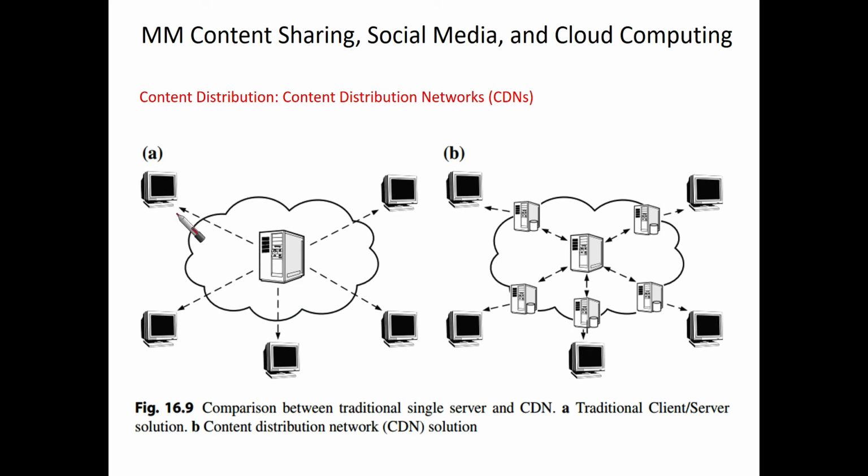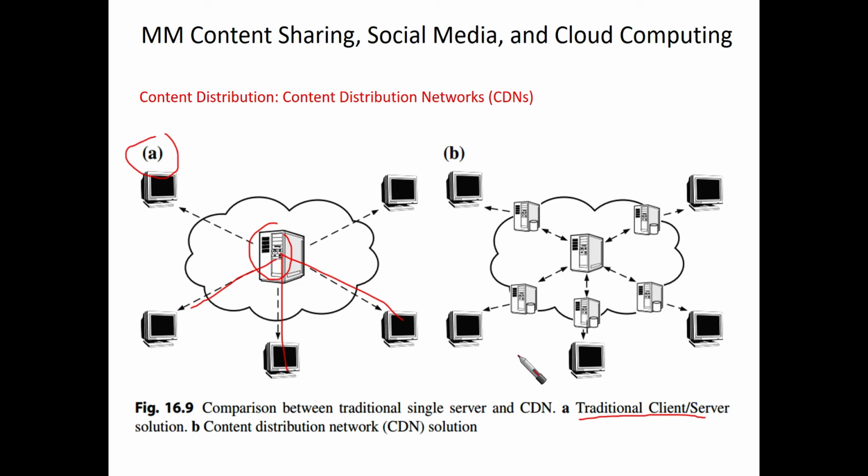The left one is the traditional client-server solution, where you have one server with different kinds of services or data, maybe some videos placed on it, and the clients access the data from that server. This is the general traditional single-server model.